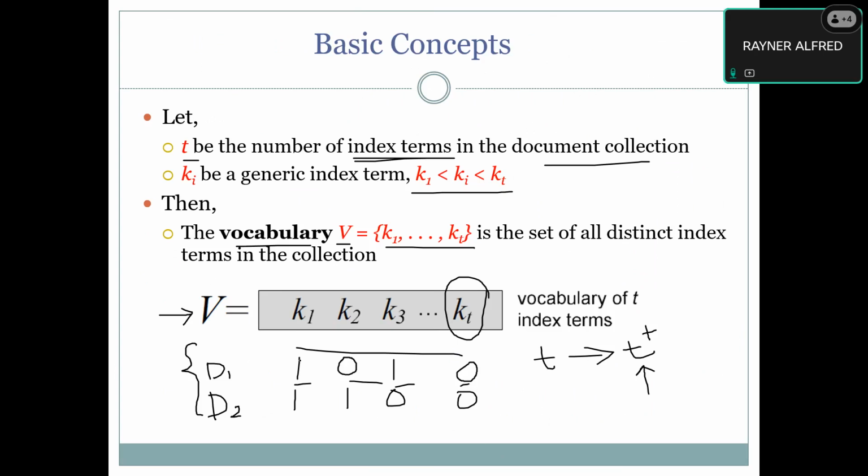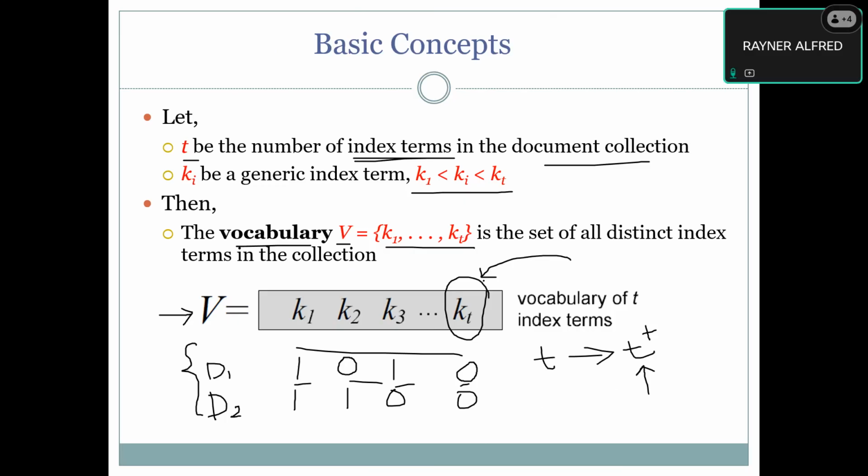Okay, so we will go further on how to define this. But the objective is to optimize this, to get the number of keywords that is good enough to represent all the documents. We do not want to list so many keywords for all the documents.